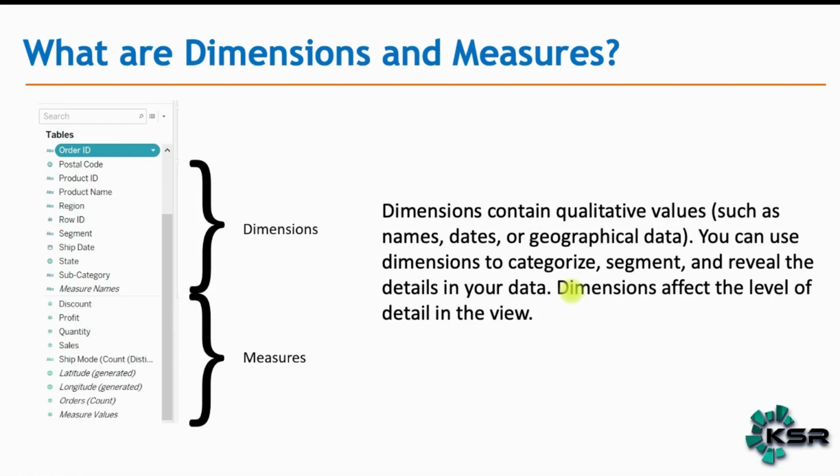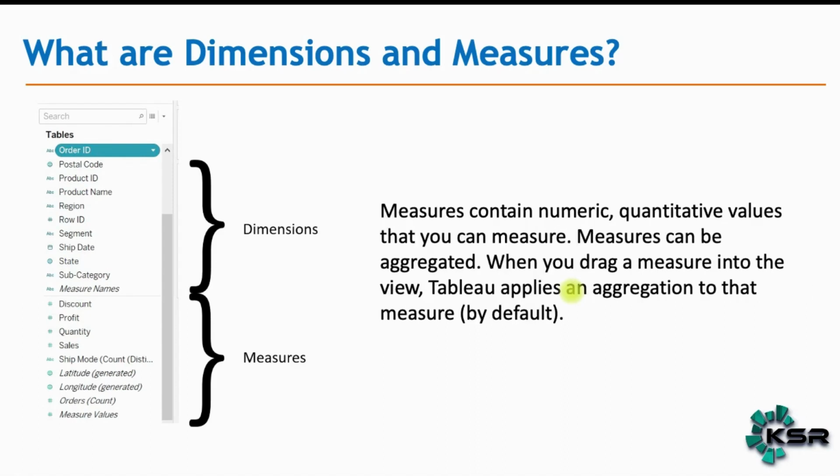Basically, dimensions are nothing but qualitative values. You can categorize your data. You can change the level of detail in the view, right? And coming on to measures, you can tell the interviewer that measures are nothing but quantitative values that you can measure, and they can be aggregated. You can drag a measure to the view, and the aggregation is applied by default.